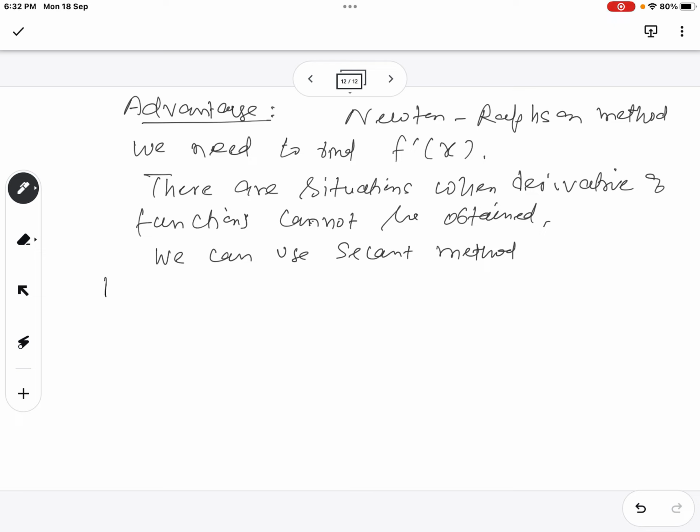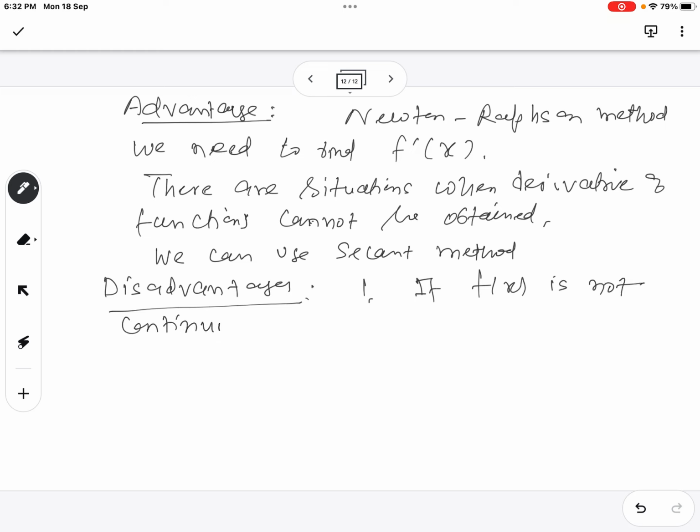Now there are disadvantages of this method also. Number one is that if the function is not continuous, this method may fail.